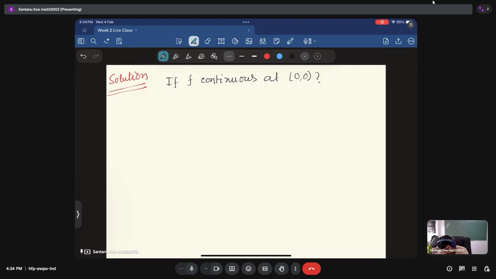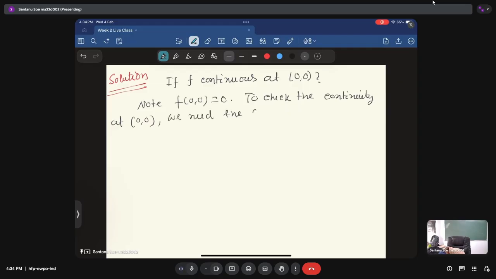Now, one thing to notice here is that f of 0, 0 is 0, and to check the continuity at 0, 0, we need the epsilon delta definition.